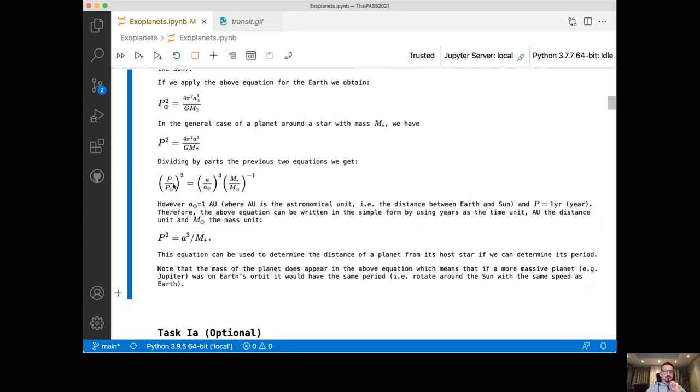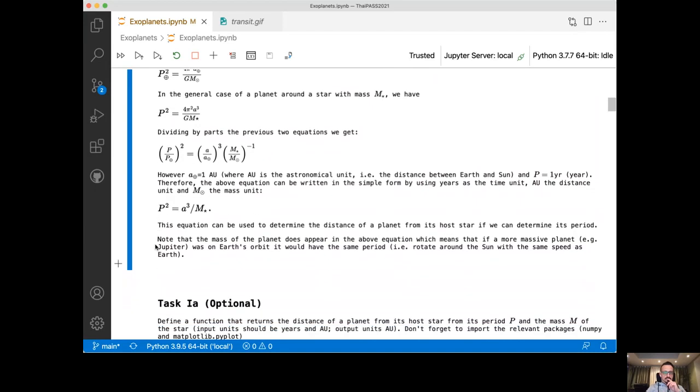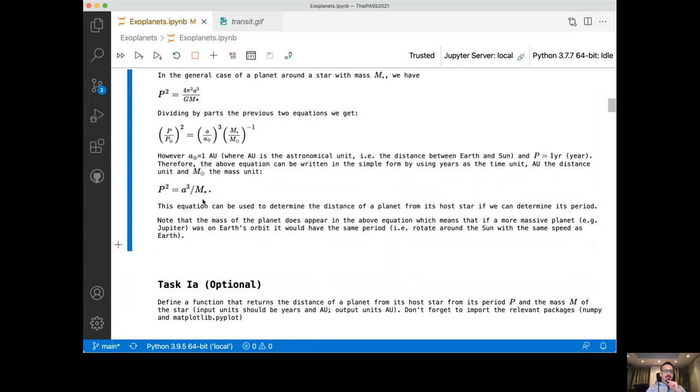So if in this expression we use the period in years and the semi-major axis in units of AU, then we get this very simple equation. You need to remember that it's important that in this equation you don't use the International System of Units. We just use years for the period and astronomical units for the semi-major axis.